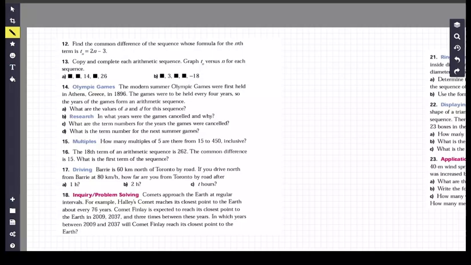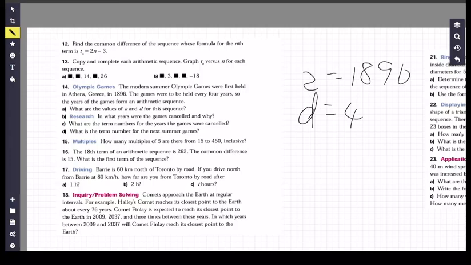So essentially, we're gonna have 1896 plus 4 plus 4 plus 4, and so on. Let's write out what A and D are. A is obviously 1896, and D is obviously 4 because we're adding 4 every time, and every 4 years there's gonna be an Olympic game. Pretty straightforward.